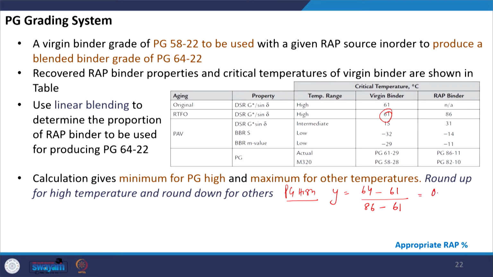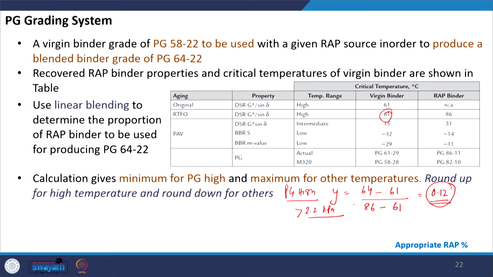This gives us 0.12, which means that at least 12% of RAP will be required such that the value of G star by sin delta of the final blend is more than 2.2 kPa.